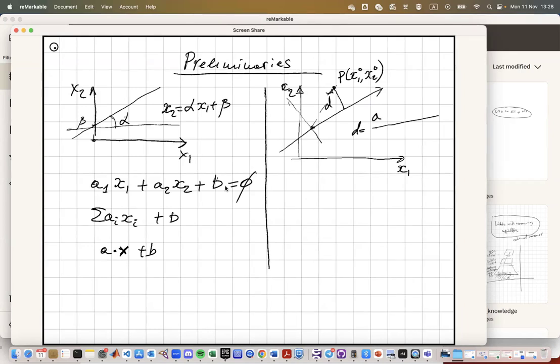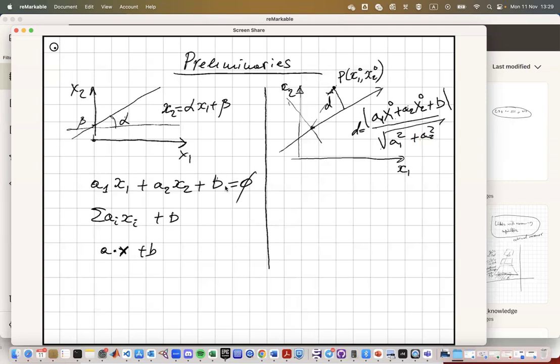You have your first coefficient a1 times x1,0, plus a2 times x2,0, plus b, absolute value, and divided by the square root of a1 square plus a2 square.